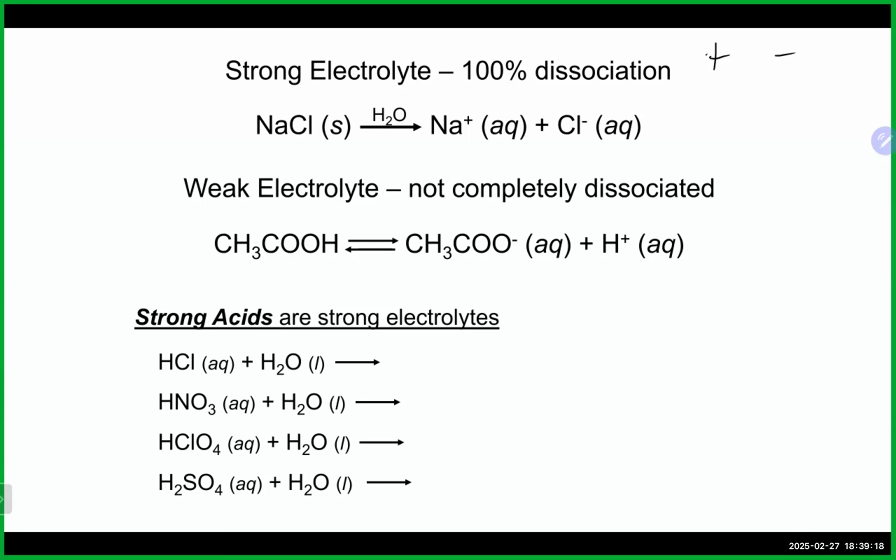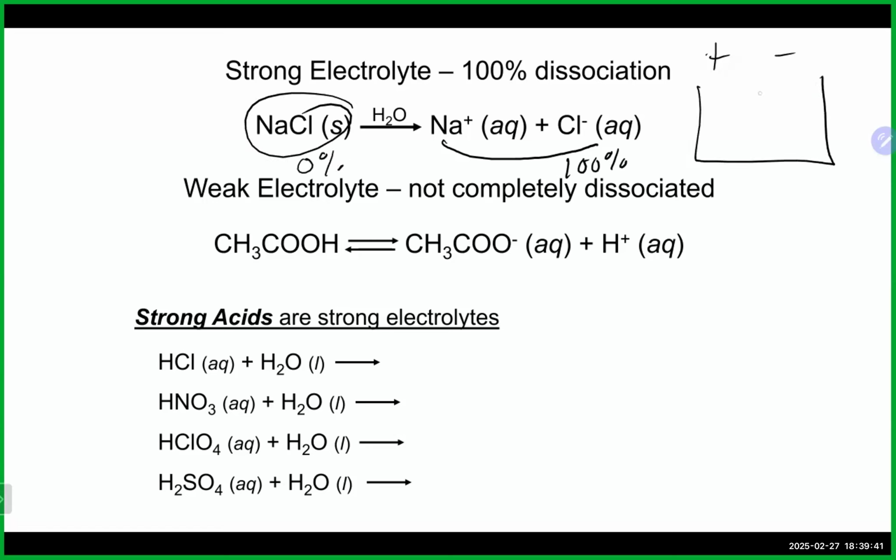So, strong electrolytes will 100% break apart in solution. If you have something that's a strong electrolyte, like a sodium chloride solution, you pretty much have 100% of sodium ions floating around and chloride ions floating around. You pretty much got none of that still together.